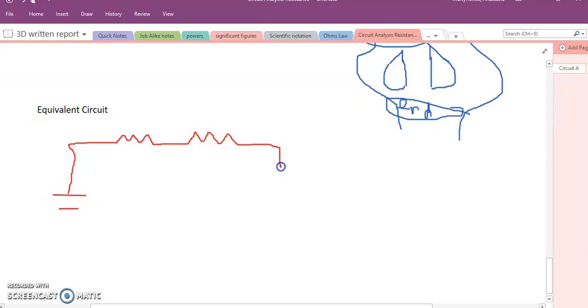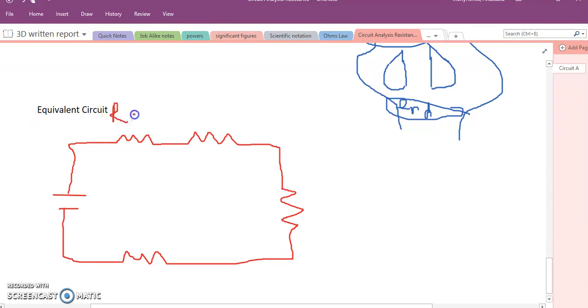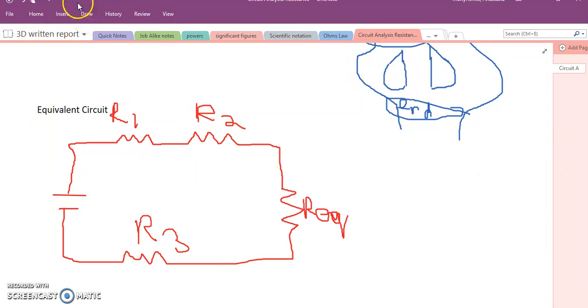So this is R1, R2, this is my R equivalent, and this is my R3. Okay, well, this circuit is extremely easy to calculate total resistance, right?